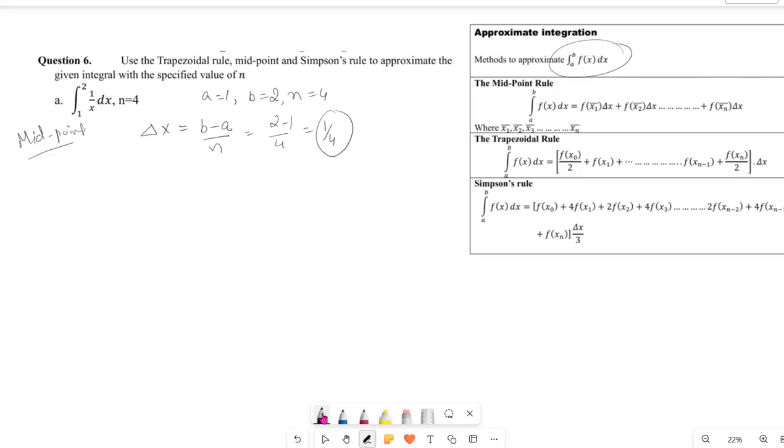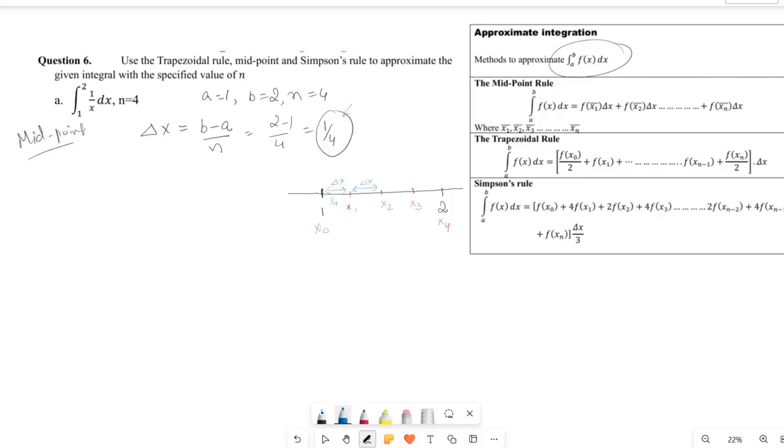Okay. Now, I try to see it visually. We start from 1 and end at 2. We are dividing it into 4 equal portions. So this is x naught and this is x4, the last one. This value should be x1, this value should be named x2, and this value should be named x3. And how do you find x1? x1 would be 1 plus the delta x, because each of these gaps is delta x, which is 1 by 4.